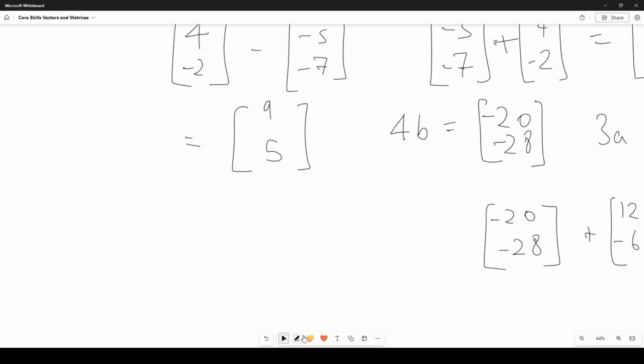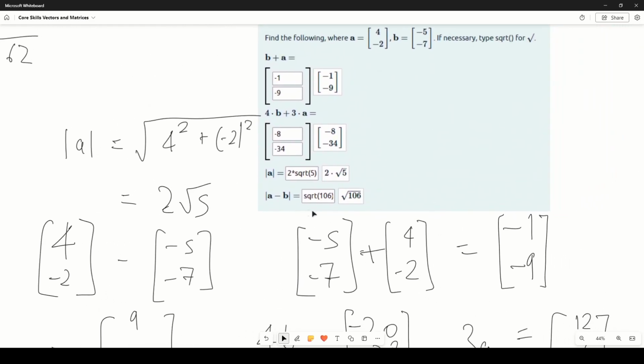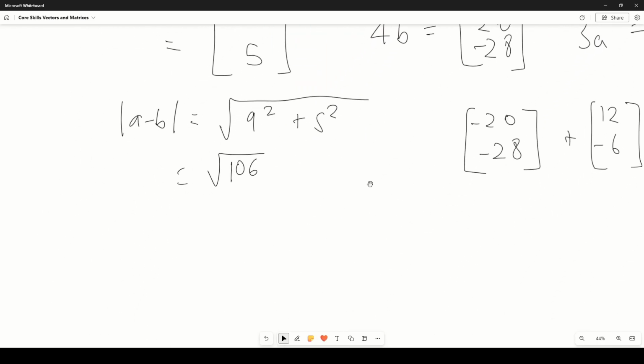And now we're going to take the square root of 9 squared plus 5 squared, which gives us the root of 106. What an amazing number. And that is the correct answer. So that's all there is for question 6.